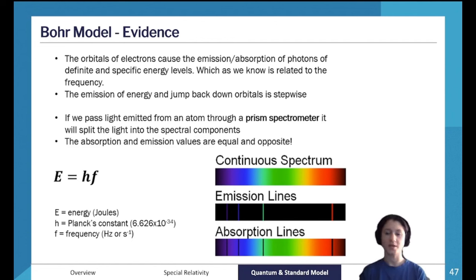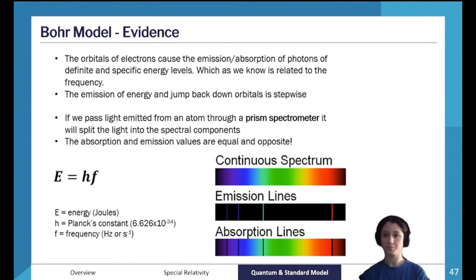And as you can see, it's only certain frequencies, and that's because in the Bohr model, the electrons are only orbiting at discrete orbitals, which means that when they emit energy, it's only discrete amounts of energy. And the amount of energy of the light corresponds to the frequency and the color.